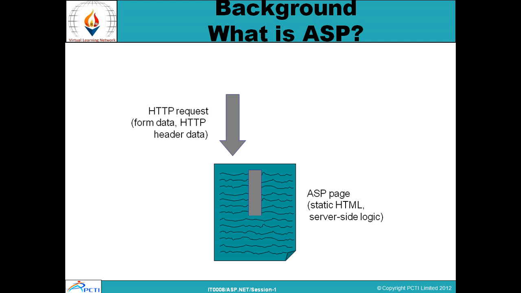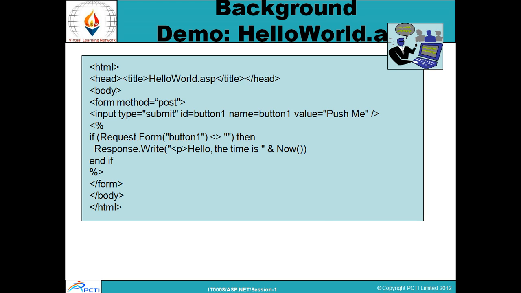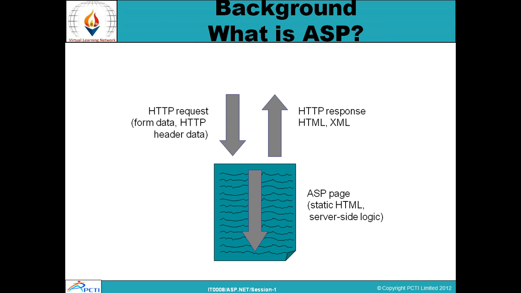Now when we talk about ASP, the description of ASP starts with the HTTP request, that is hypertext transfer protocol data. It is stored inside the header. It goes from the client side to the server in the form of an ASP page.